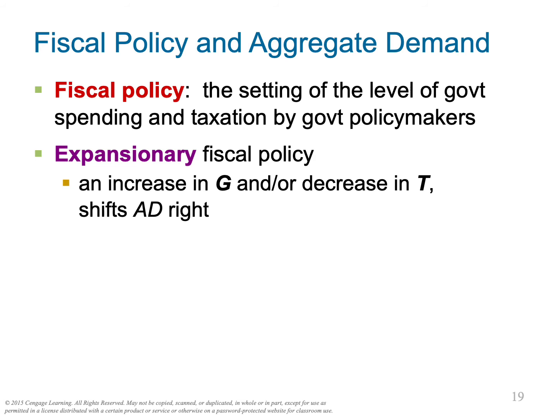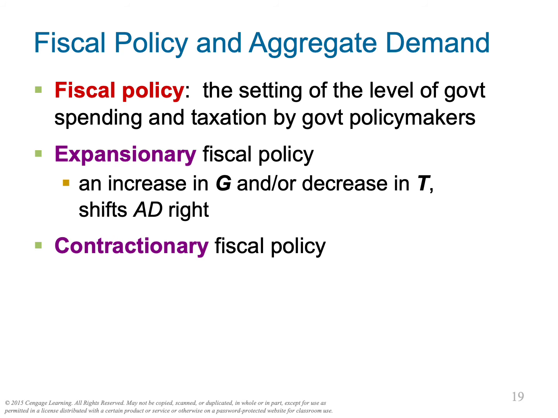So it can do one or the other or both. And so if it increases government spending and/or decreases taxes, then it shifts aggregate demand to the right, increasing aggregate demand, increasing GDP, also increasing the price level. So that's a trade-off, remember, but that's expansionary fiscal policy.